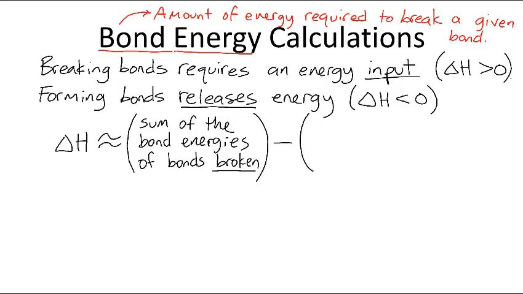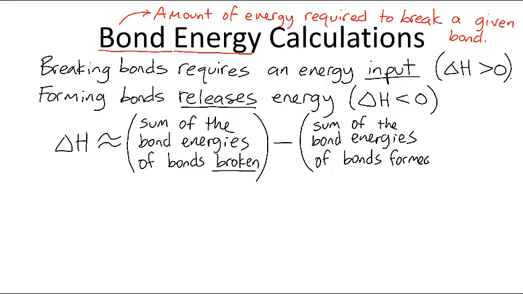Do the same thing for the bonds formed. So the sum of the bond energies of the bonds formed. You subtract that one because that's going to be a release of energy. That's a negative change in potential. So don't mess up the sign here.